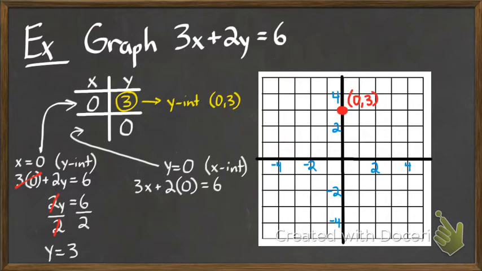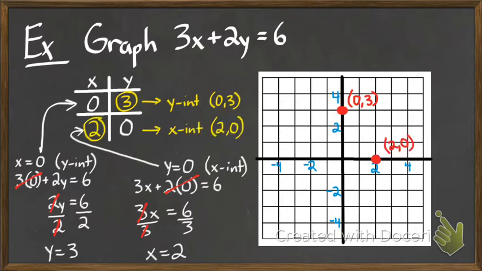So when we take 2 times 0, we get 0, and we're left with 3x equals 6. Now instead of y, we have x terms, so we need to isolate our x term all by itself. So we need to divide both sides by 3. And on the left side, our 3's divide each other out, so it just gives us 1, or just x, and then 3 goes into 6 2 times, so x equals 2. So our x-intercept occurs when x equals 2 and y equals 0.